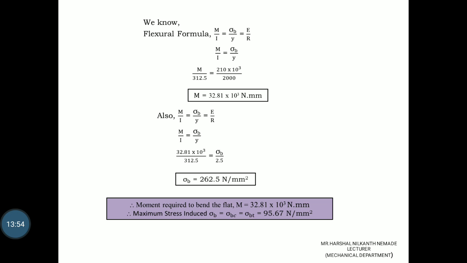M value is missing. Calculate, and I will get 32.81 into 10 raised to 3 Newton mm. Also M upon I is equal to sigma B by Y, so sigma B value is missing.